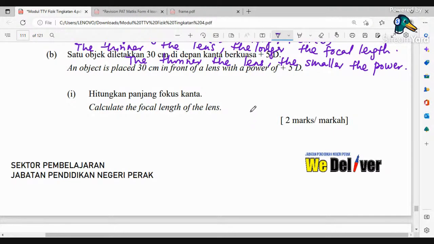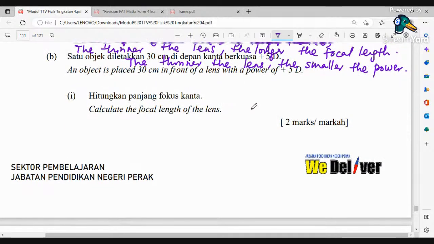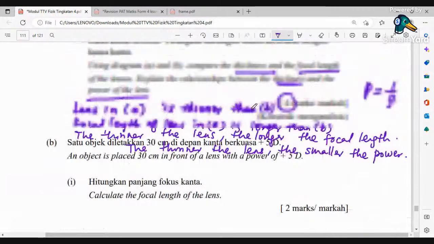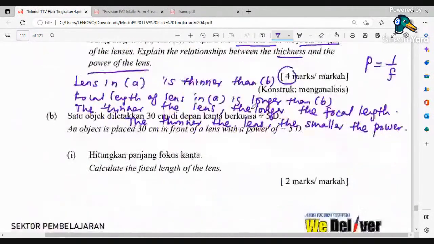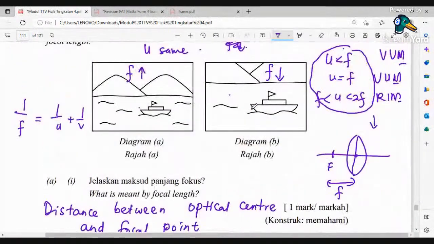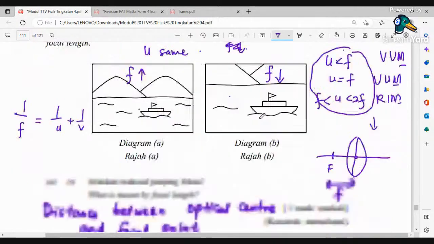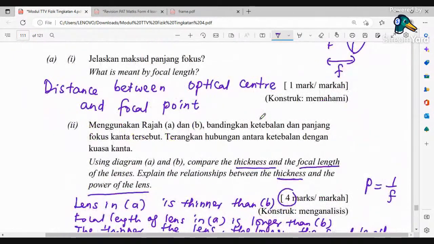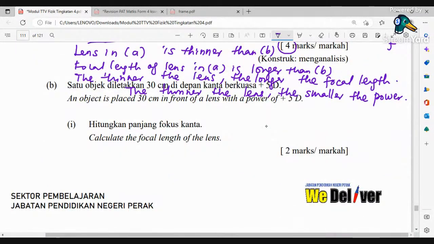Okay, calculate focal length of the lens. Kita tengok balik soalan yang awal, apa yang dia bagi. Okey, power ada 5 diopter.